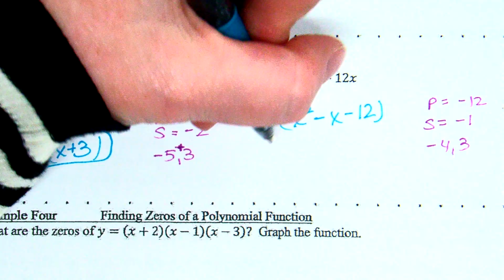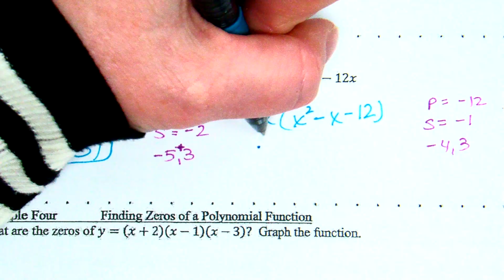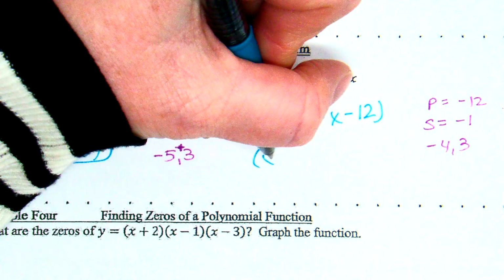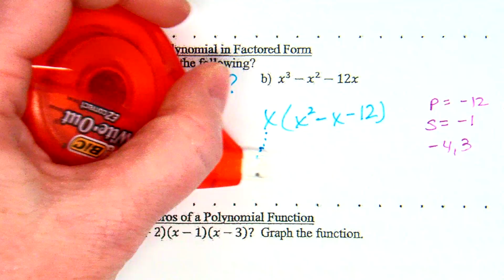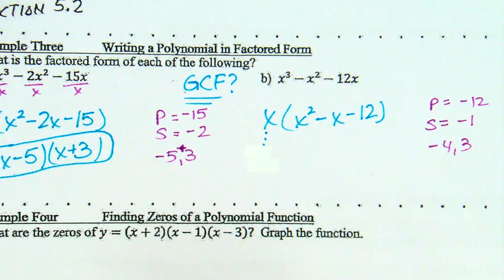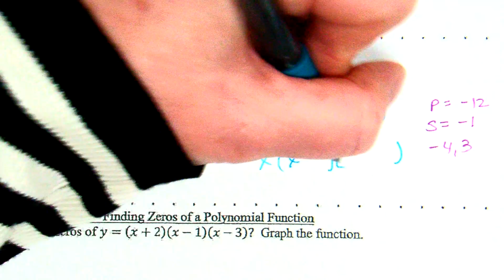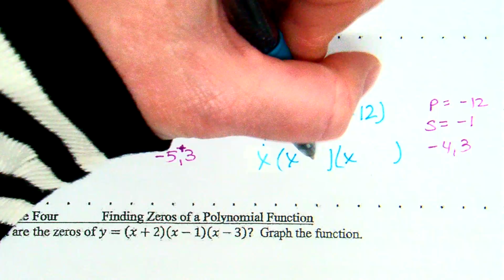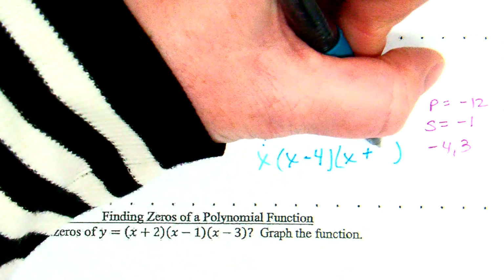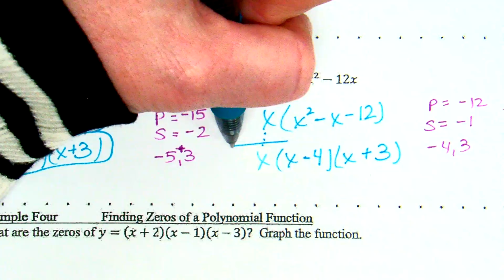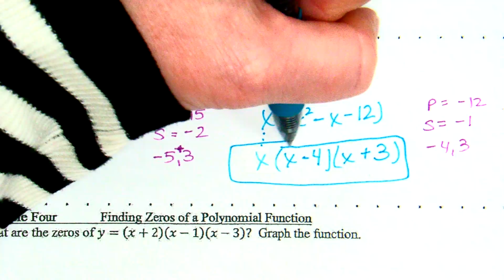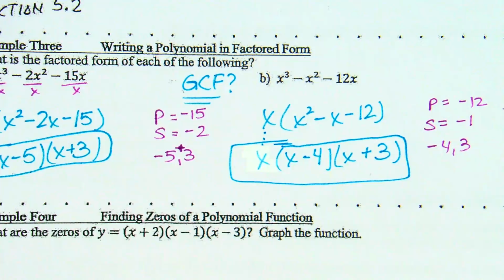So, bring down the x out front, and then two parentheses. X squared is x and x. Okay, an x minus 4 and an x plus 3. Okay, factoring review.